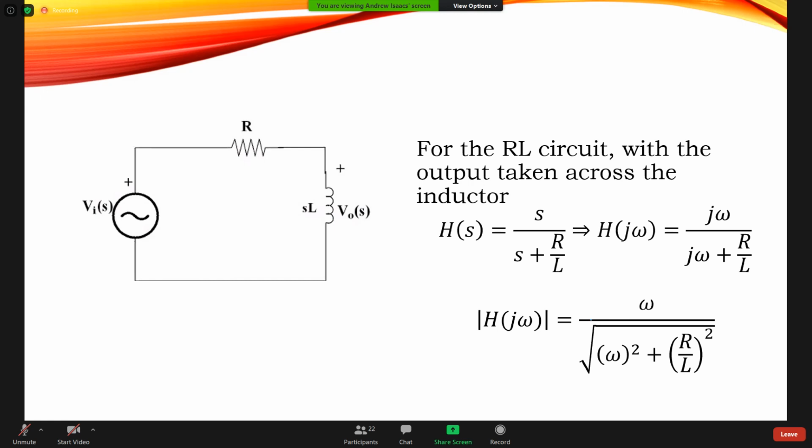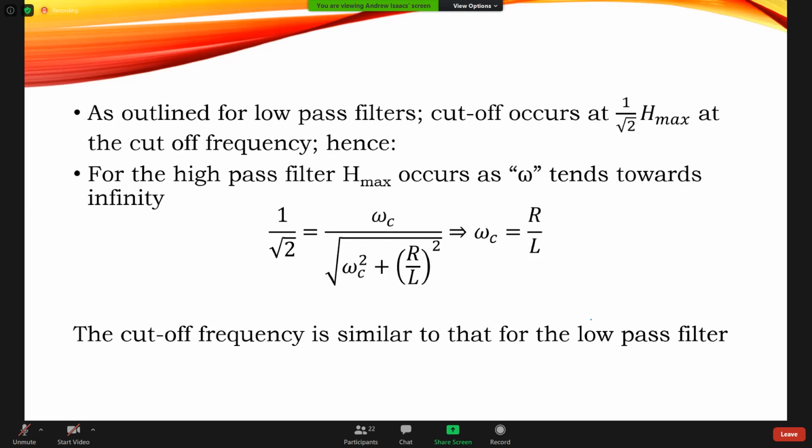And if we do the same analysis as with our low pass, bearing in mind that the same frequency response would be true for this circuit, just that instead of the RC, we'd have L over R. So same analysis we did for the low pass. Cutoff occurs at 1 over root 2 H max.